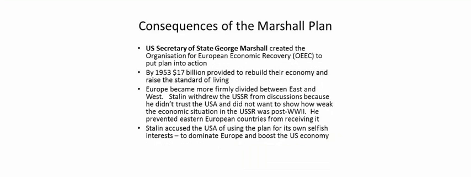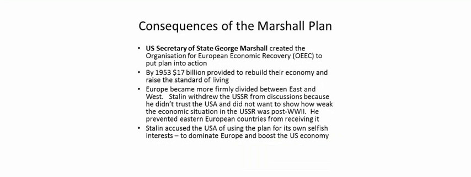Europe, as a result of this, becomes more firmly divided between the East and the West. Stalin will withdraw the USSR from discussions on the Marshall Plan because he didn't trust the United States and didn't want to show how weak the economic situation was in the Eastern Bloc. So he prevents the Eastern European satellite states, through organizations like Cominform and Comecon, from participating in Marshall aid and seeing the amount of money and what was possible in terms of rebuilding the economies.